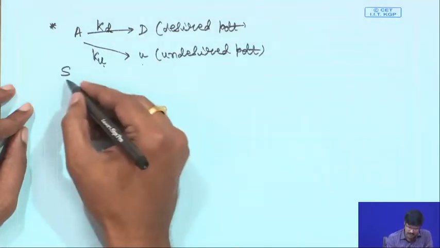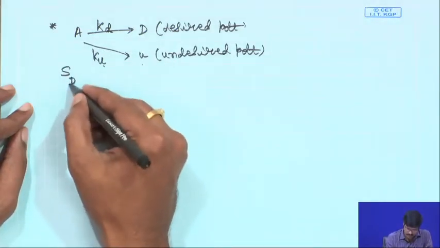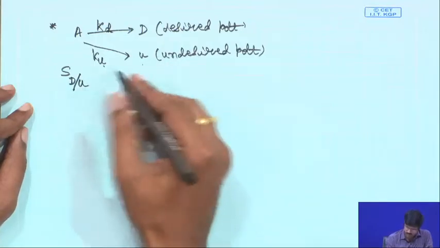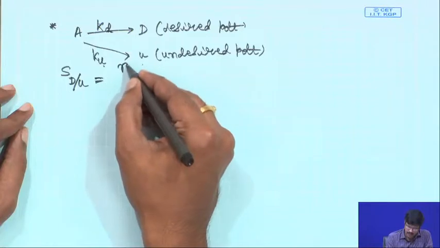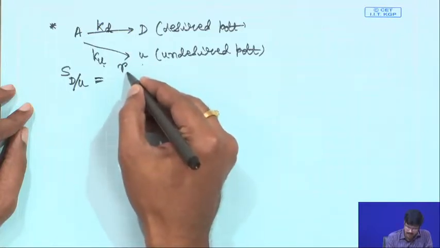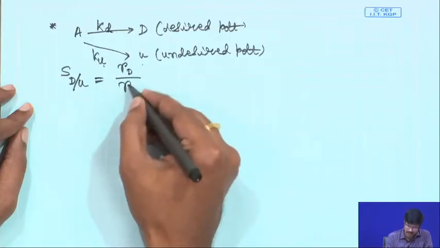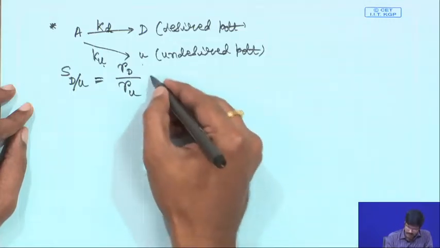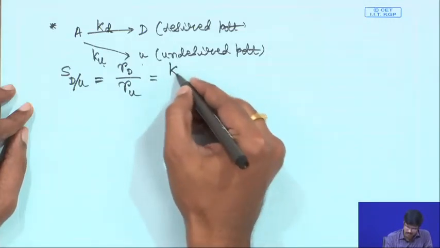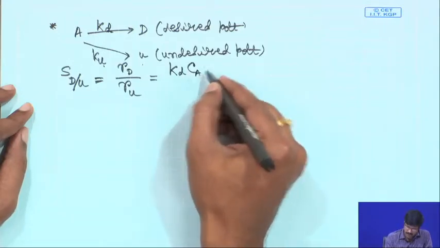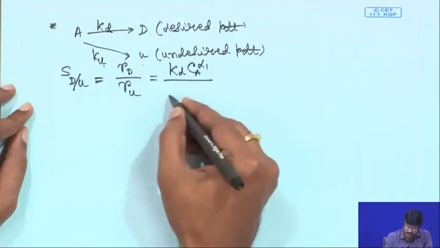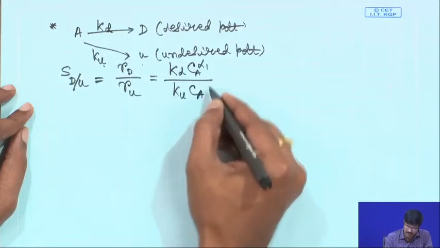Let us say selectivity S of the product d over u is equal to the rate of formation of d divided by the rate of formation of u, and that will be equal to k d into C A to the power alpha 1 divided by k u into C A to the power alpha 2.